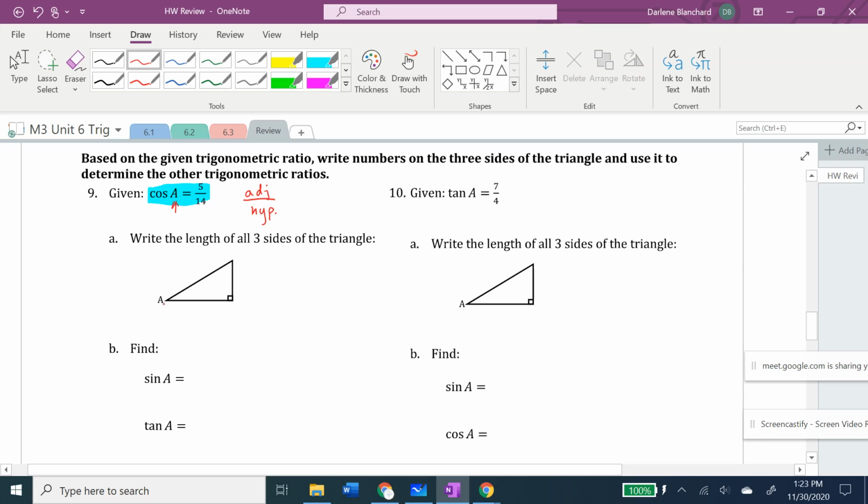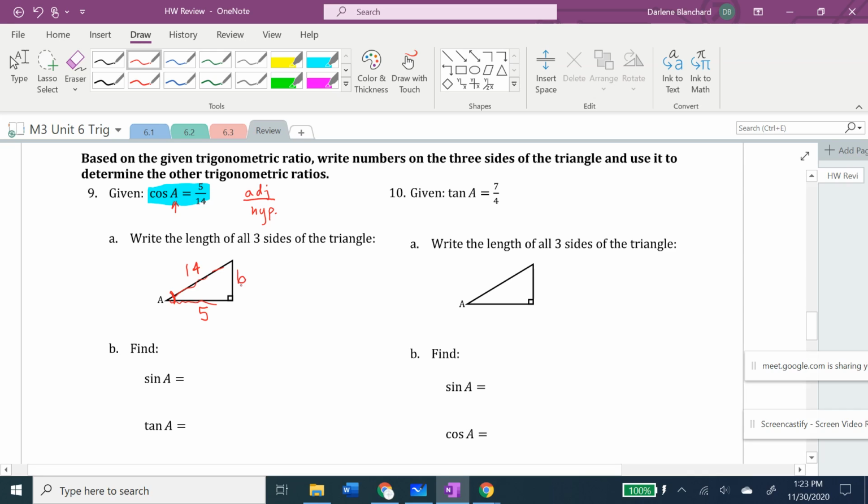Now, angle A is this angle right here. So that means this leg is adjacent, this leg is hypotenuse. Use the 5 and the 14. Then use Pythagorean theorem to find the third side.